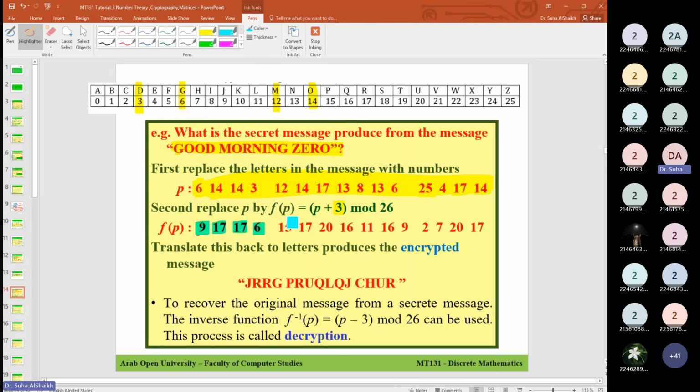Try now the 25. If you add a 3, what will be the answer? It's 28. طيب أنا maximum قاعدة أوصل لل 25 صح؟ ينفع أن أكتب 28؟ ما في حرف قدامه 28. So لأن I'm exceeding and I'm talking about mod 26 هنا نرجع نطرح 26 عشان نبقى within the 26 letters that we have.